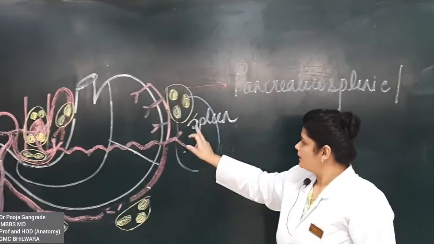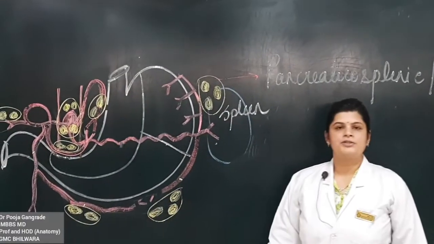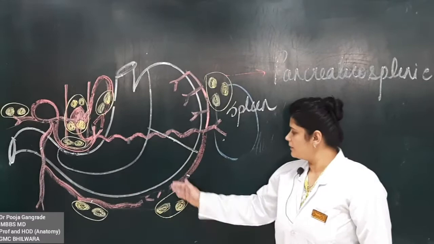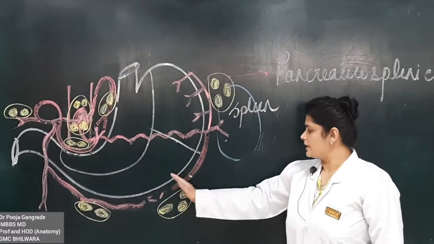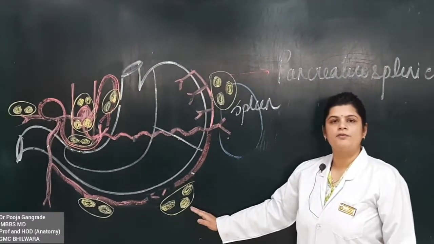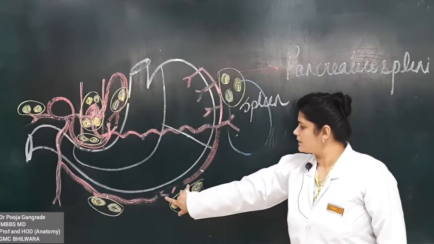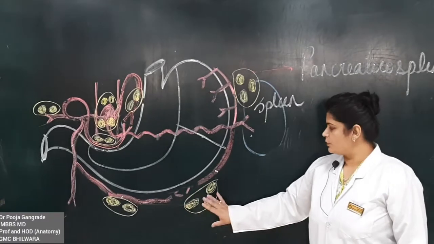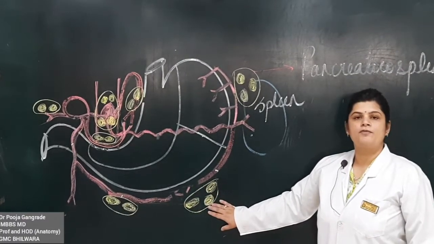The lower end, which is related to the greater curvature, is the one which will drain into the gastroepiploic group of lymph nodes. See, these two arteries were the right and left gastroepiploic arteries. So gastroepiploic group of lymph nodes.